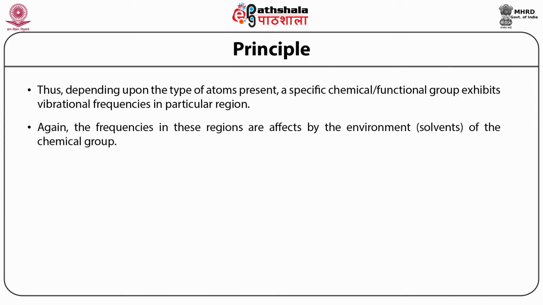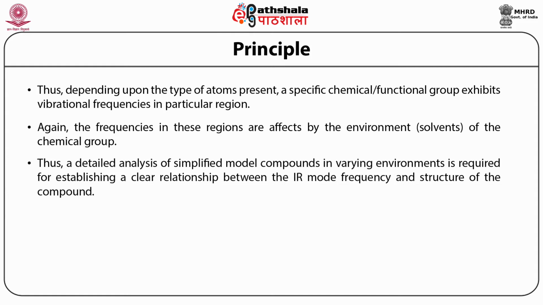Again, the frequencies in these regions are affected by the environment or the solvents of the chemical group. Thus, a detailed analysis of simplified model compounds in varying environments is required for establishing a clear relationship between the IR mode frequency and structure of the compound.